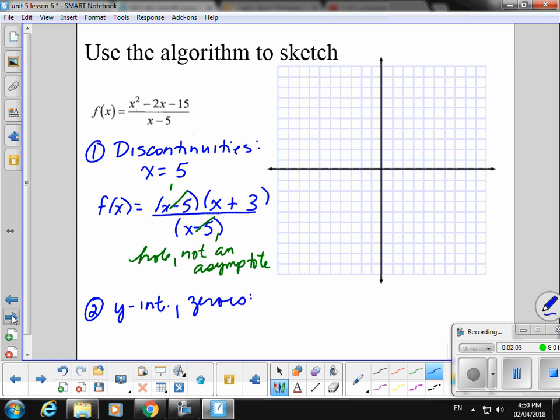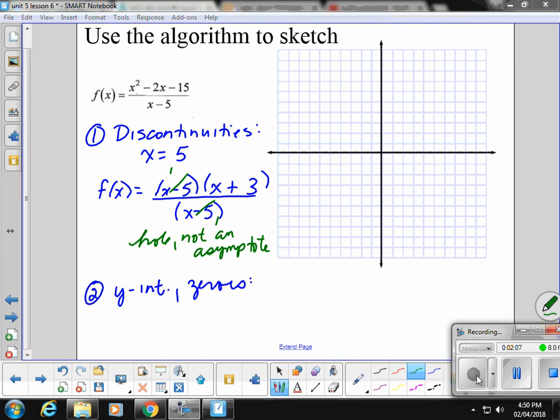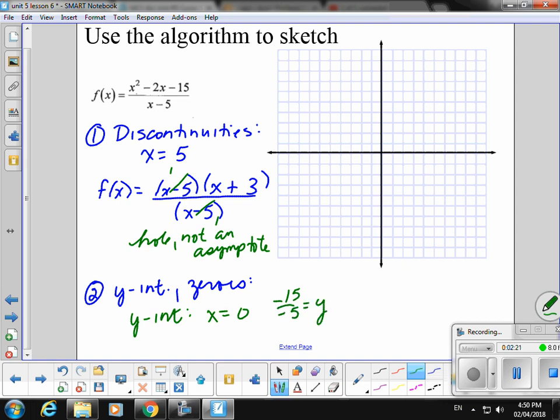So for this particular one, for my y-intercept, that's when x is 0. So I have negative 15 over negative 5. And so I have the point 0, 3 for my y-intercept.